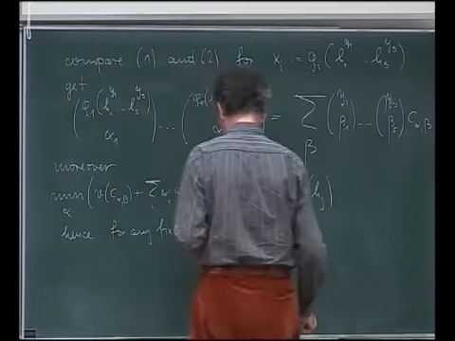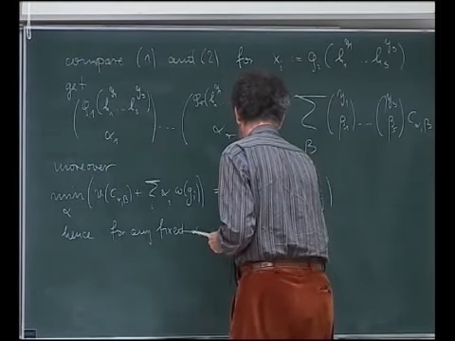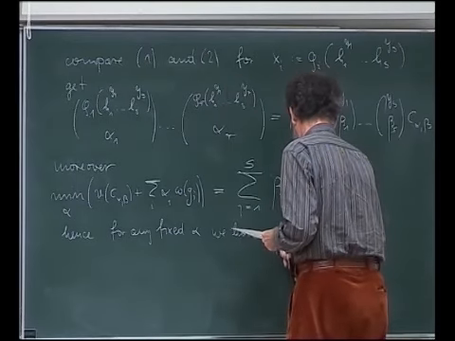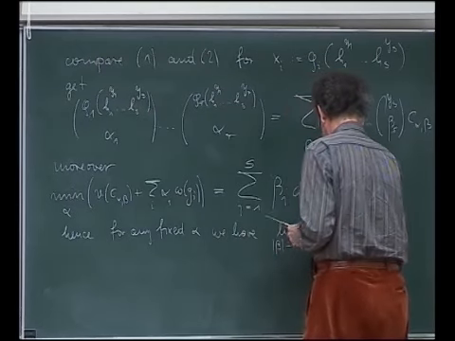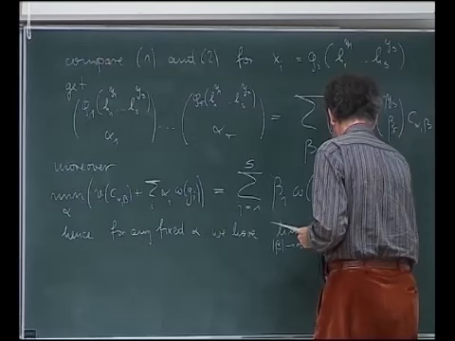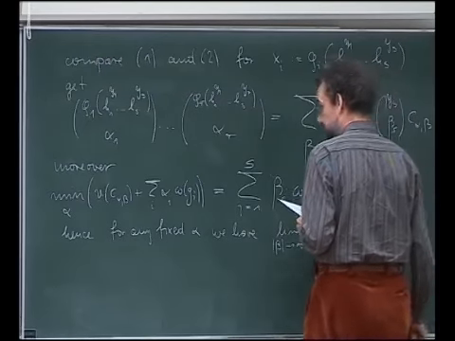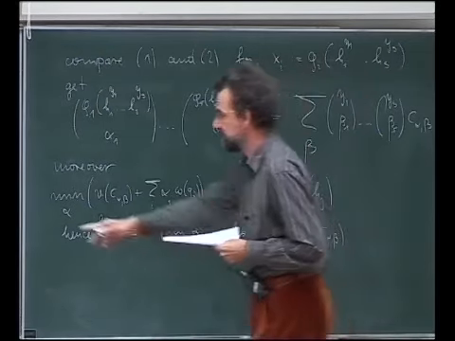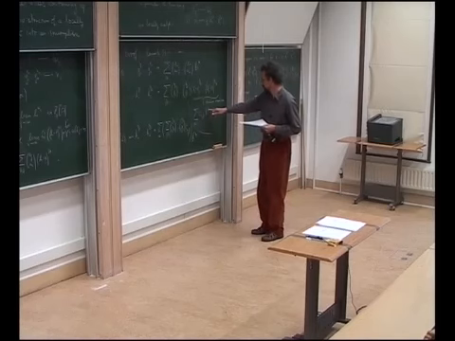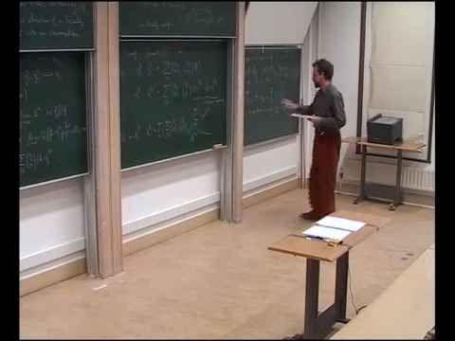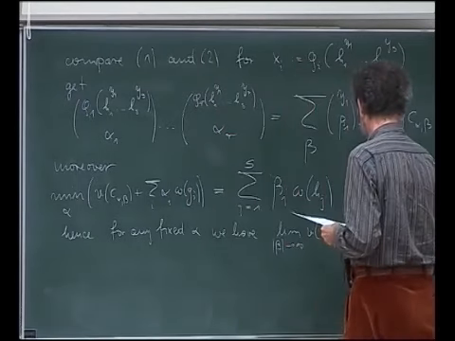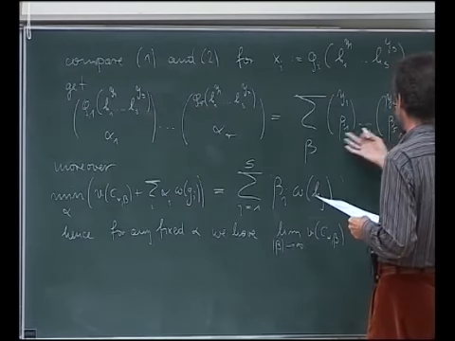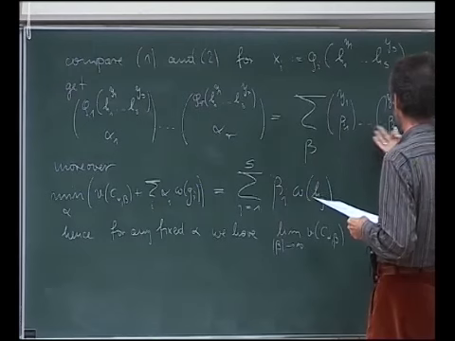So it follows, hence, for any fixed alpha, that these C alpha beta individually, this only gives us that the valuation of C alpha beta modified by this goes to infinity.